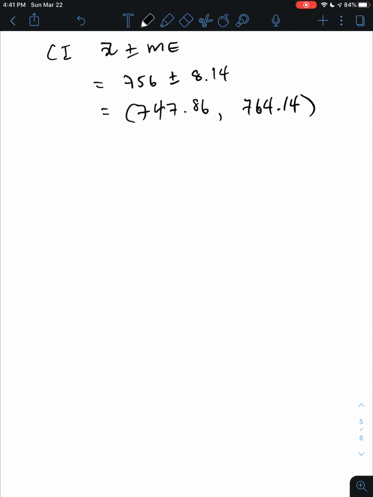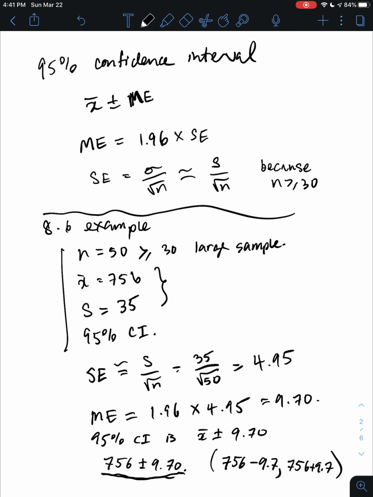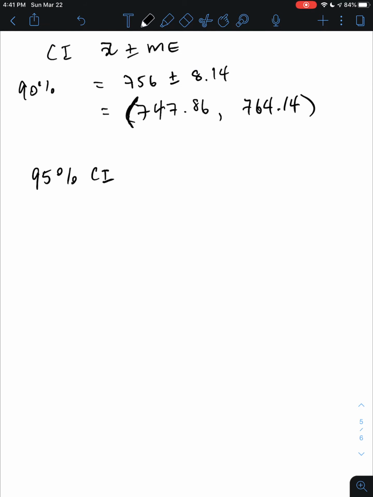There we go. You'll probably do better if you use a calculator than trying to do the arithmetic in your head like I do. All right, so there's my confidence interval. That is a 90% confidence interval. Now compare the 95% confidence interval for the same problem, which was 746.3 to 765.7.